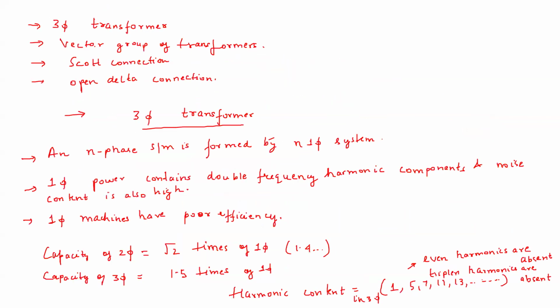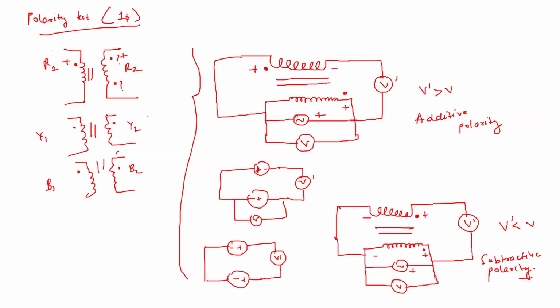As I said, I'll discuss the vector group or phasor group. So let us discuss what these phasor groups are. Here I am following the British code. There is an American code and there is a British code, and in India we generally follow the British power system rules and regulations.